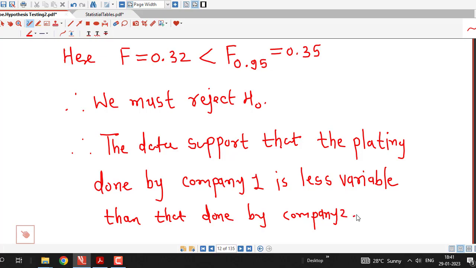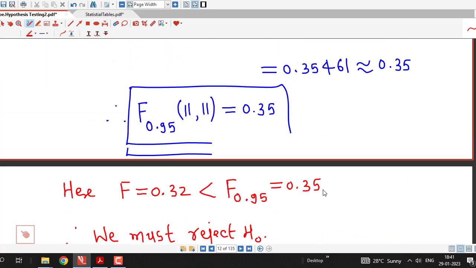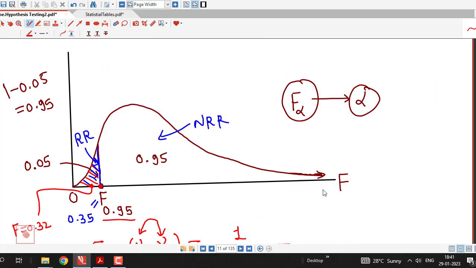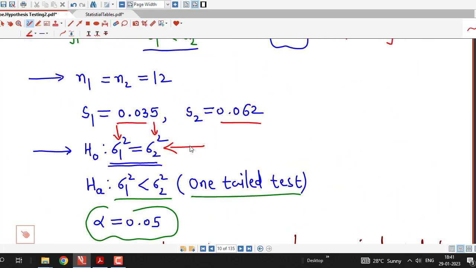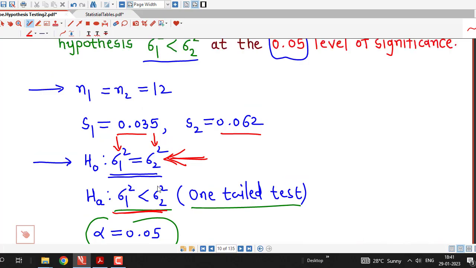This was our alternative hypothesis, and using the F ratio test, our conclusion is that we must reject the null hypothesis. That means the data support the alternative hypothesis. The alternative hypothesis is that there is less variability in the plating done by company 1 than that done by company 2.